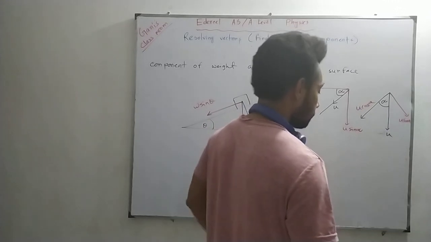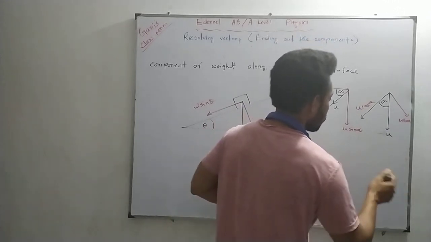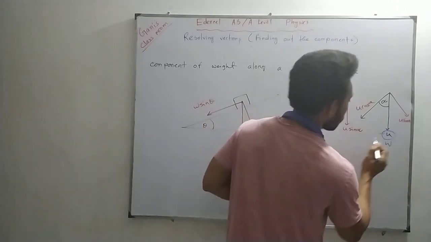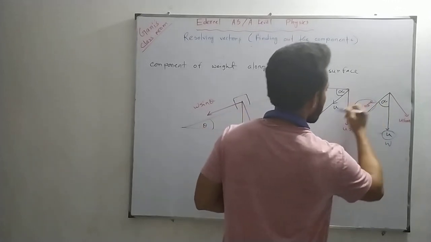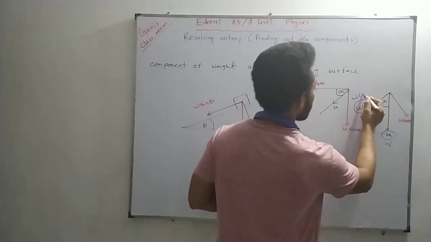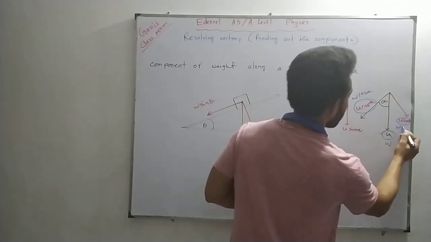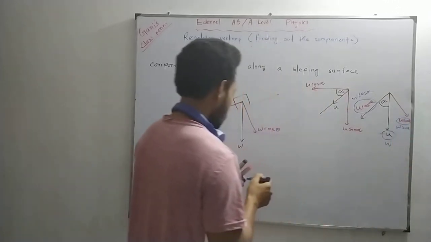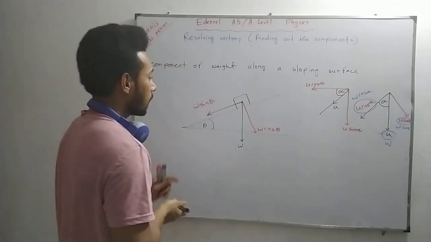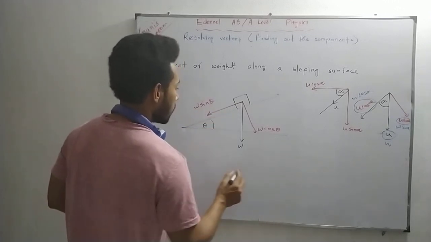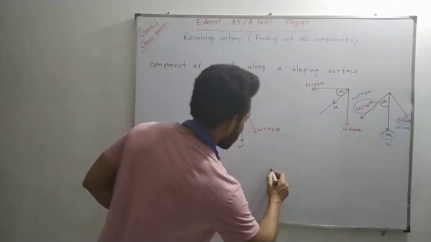And if we consider u as weight W, then this component will be W cos alpha, and this one will be W sin alpha. Okay, now if we look at this situation, let us simplify this diagram.